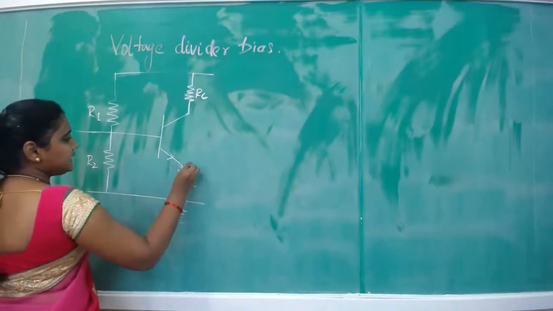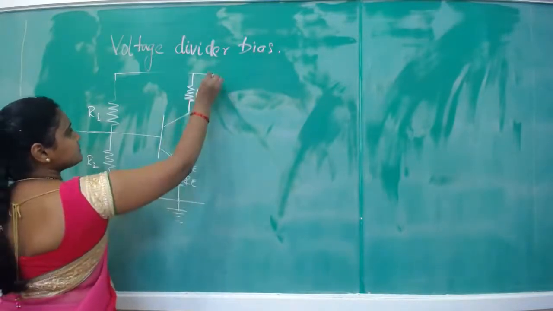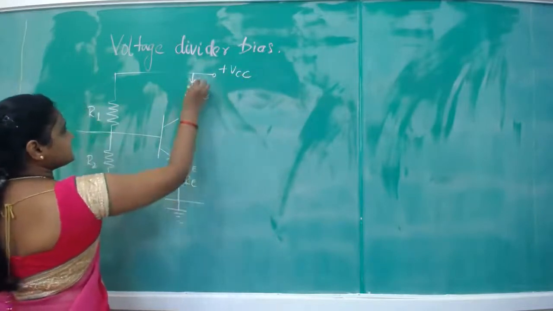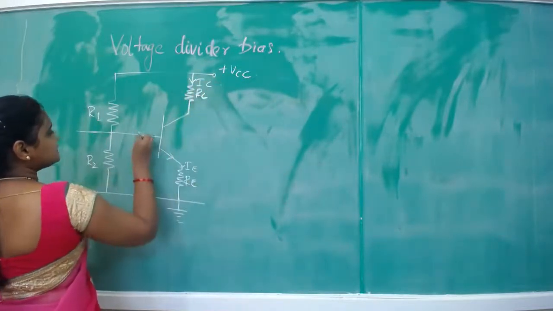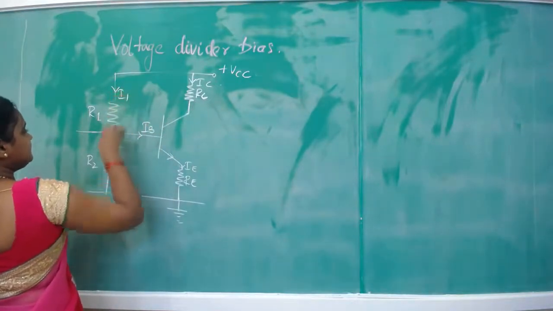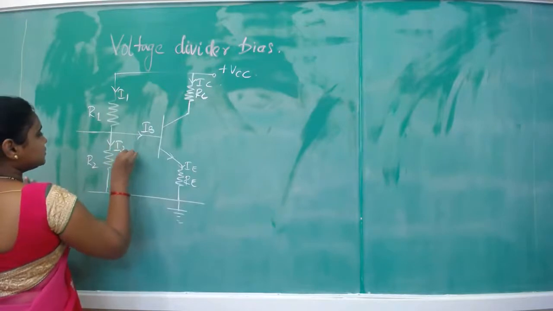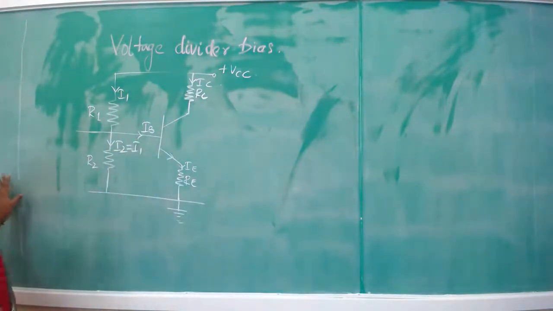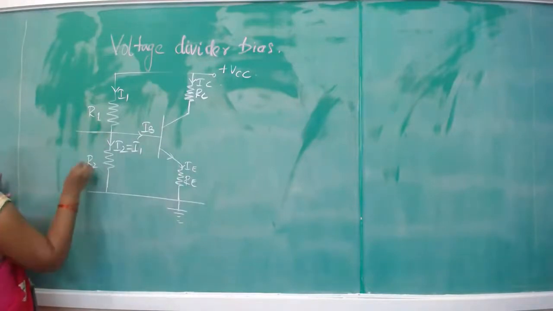From this IE flows. We are applying a voltage VCC here. IC flows. IB is here. I1, I2, where we can say I1 is equal to I2. This is R1 and R2.